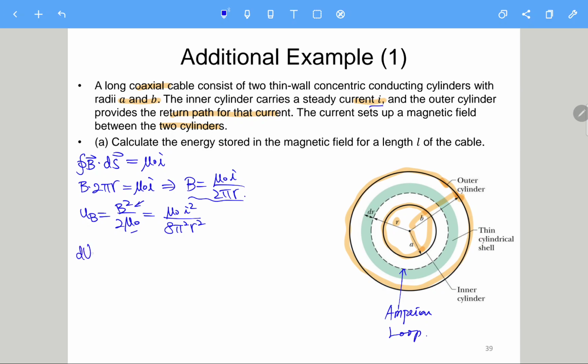So next, we can write dU_B to be u_B times the small volume, and actually this is the cylindrical coordinate. So this volume is u_B times r dr d theta dz. So actually this part is for the polar coordinate.